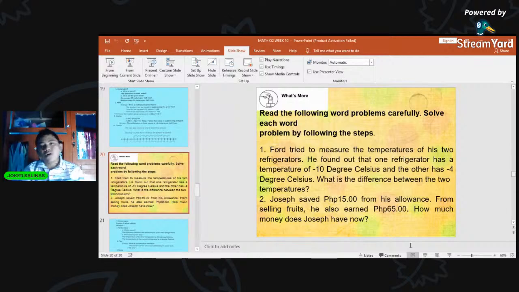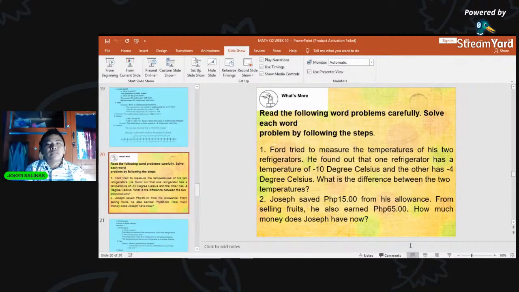I'm going to repeat the problem again. Ford tried to measure the temperatures of his two refrigerators. He found out that one refrigerator has a temperature of negative 10 degrees Celsius and the other has negative 4 degrees Celsius. What is the difference between the two temperatures?